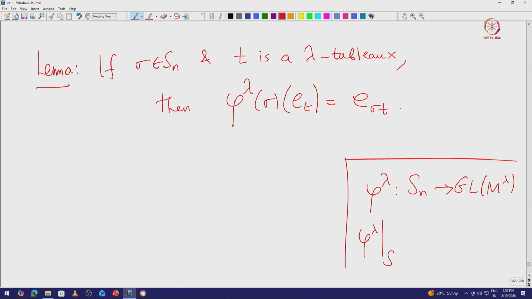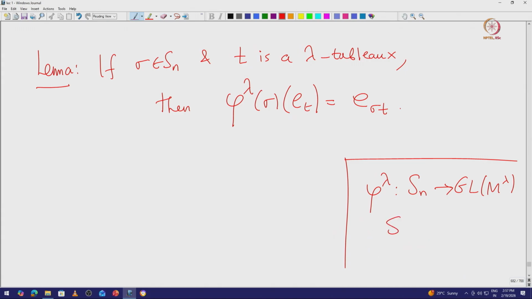The way we write this is the restriction of phi^lambda to S^lambda, no, we are not talking about the restriction of the group, we are talking about the submodule.